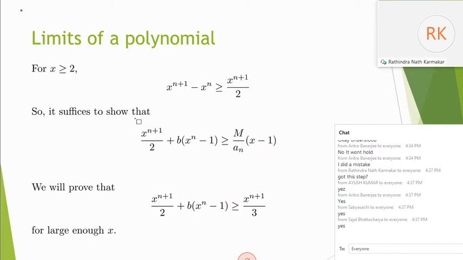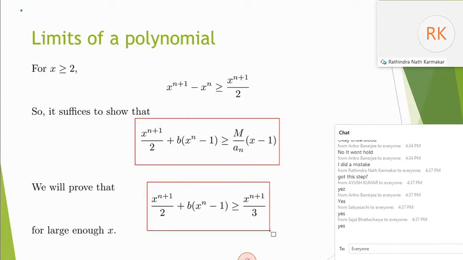So we are trying to prove this inequality, and for proving this, we will prove an intermediate inequality. This one, that x power n plus 1 by 2 plus b times x power n minus 1 is lower bounded by x power n plus 1 by 3. If we can prove that, then after that we have to prove only that x power n plus 1 by 3 is lower bounded by m by n times x minus 1.